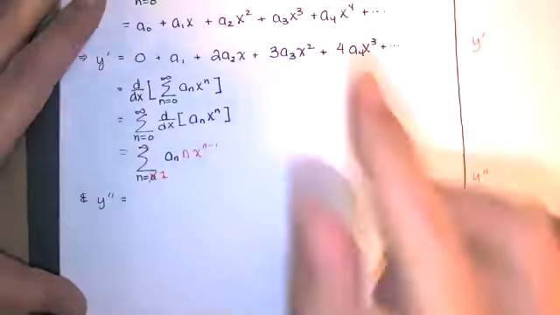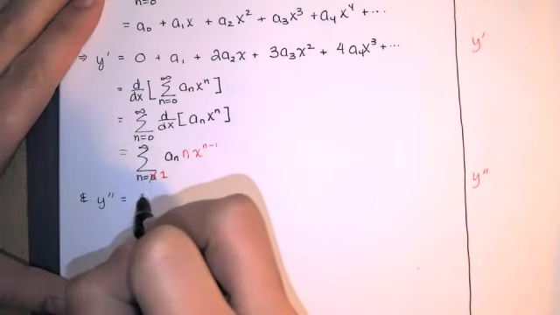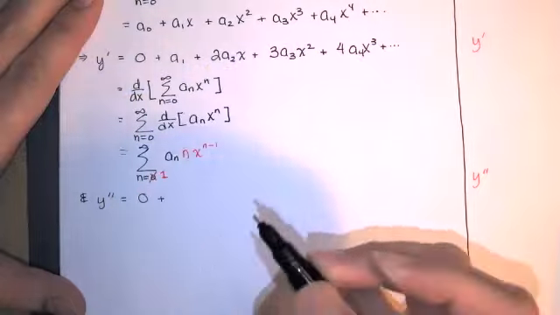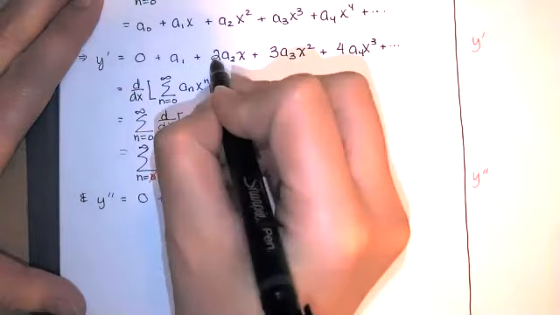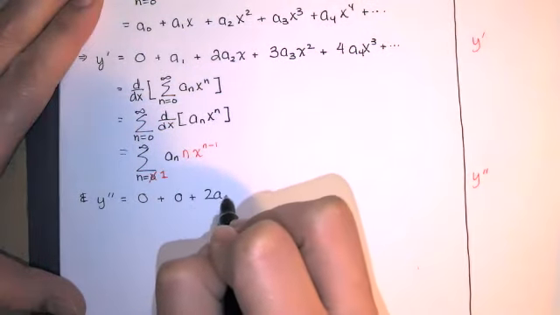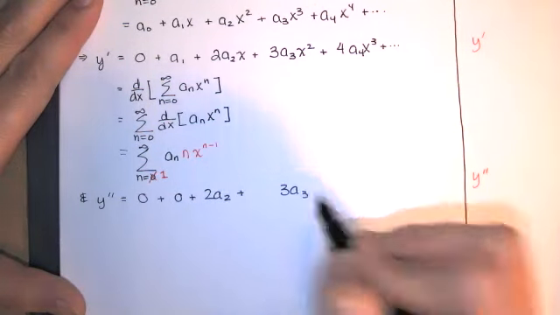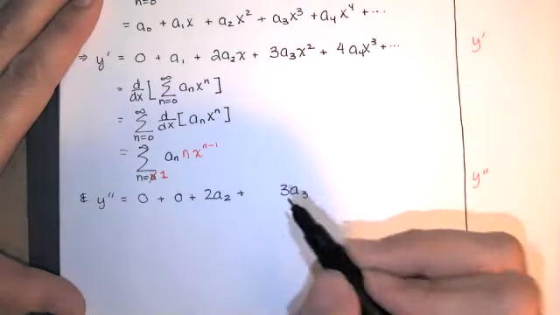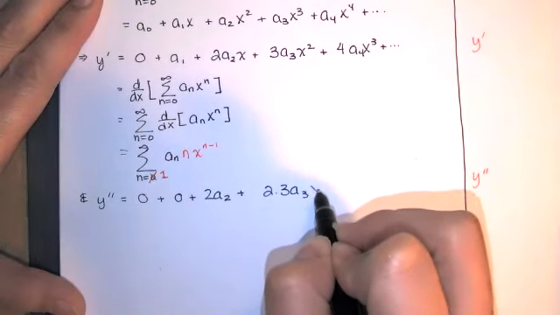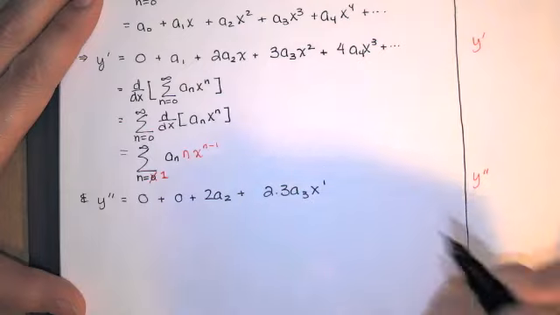Now, if I'm taking the derivative term by term again, I would get the derivative of 0, which is 0, plus the derivative of a constant, which is 0, plus the derivative of a constant times x, which is just the constant. Here, I've got a constant times the derivative of x squared. So I'd bring my power down, multiply by x to the 1 less power.